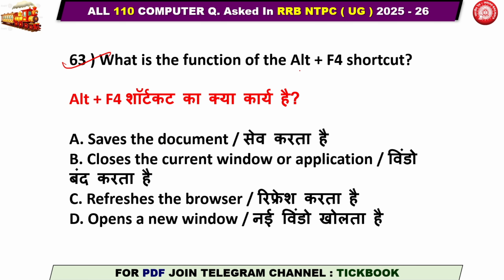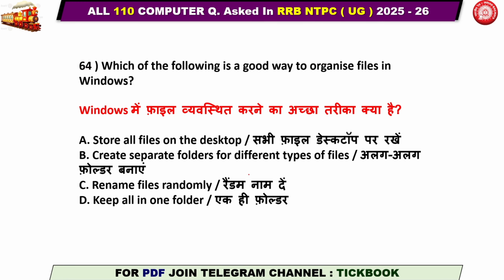63. What is the function of the Alt plus F4 shortcut? Option number B, closes the current window or application. 64. Which of the following is a good way to organize files in Windows?